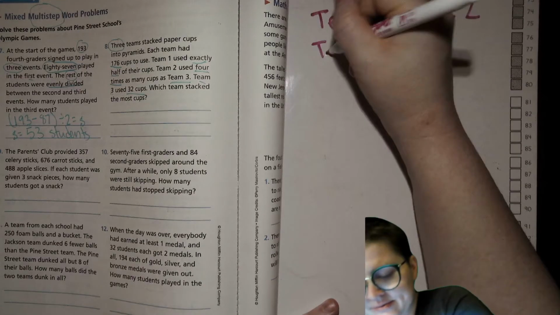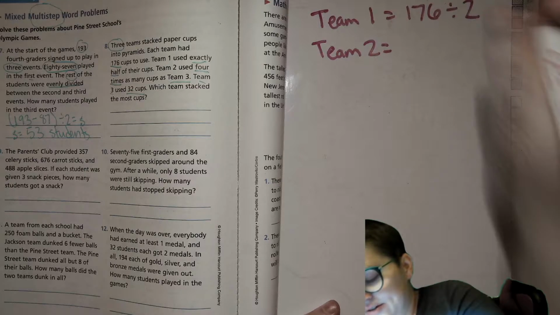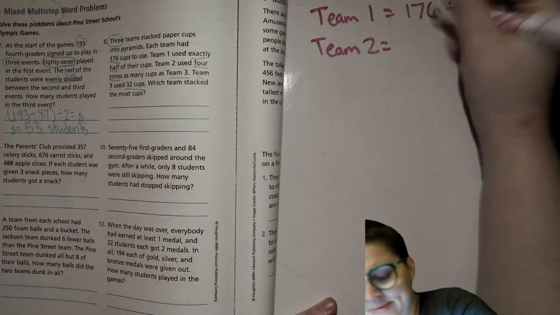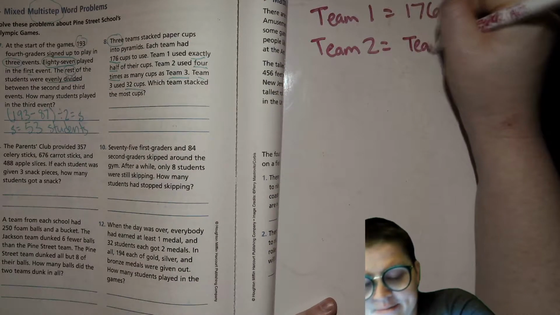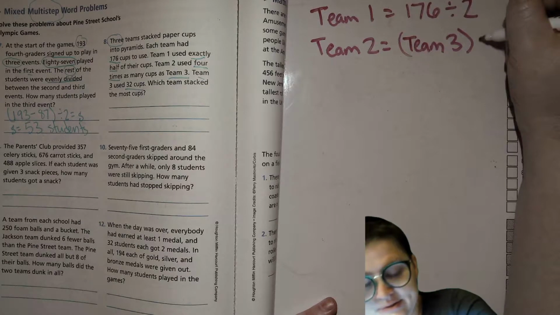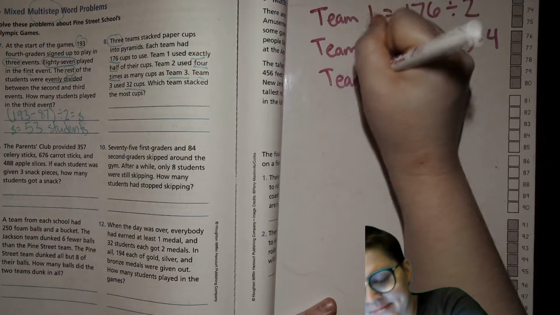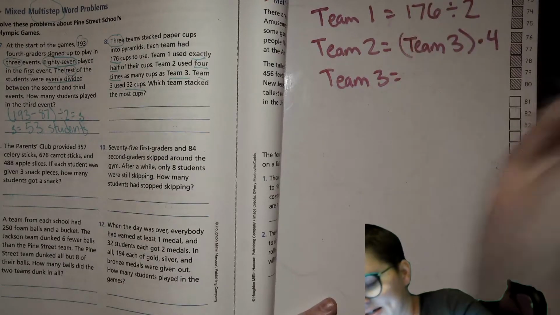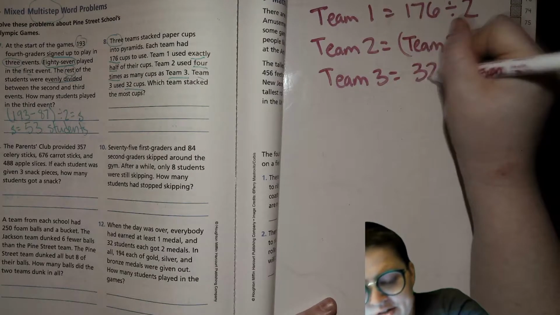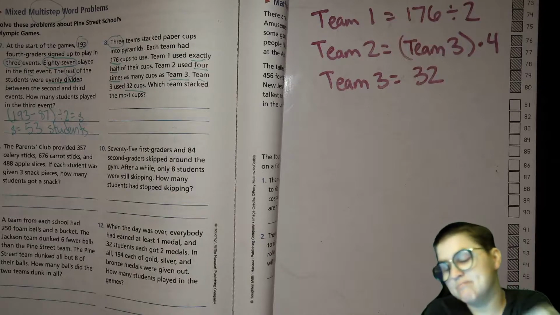Team 2, they use 4 times as many as Team 3. So then we'll put Team 3 times 4. And then Team 3 equals 32.